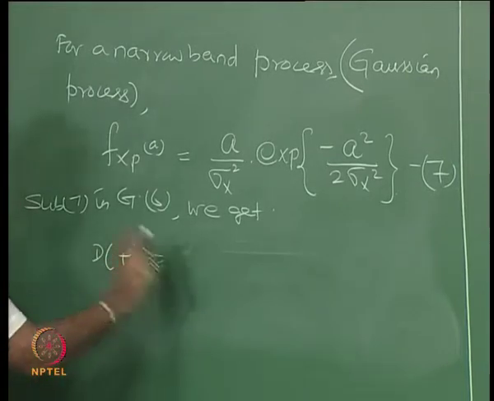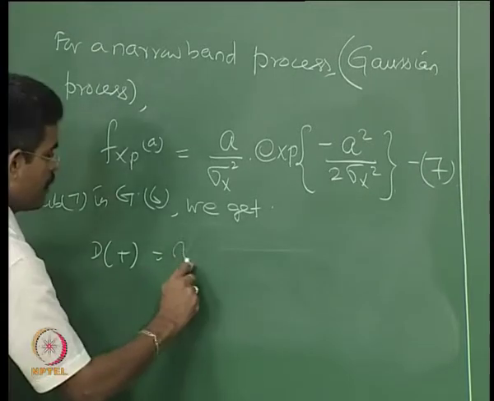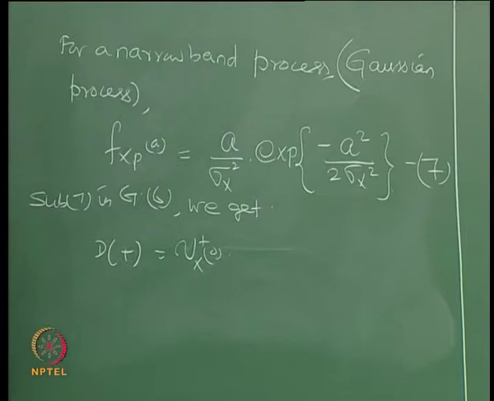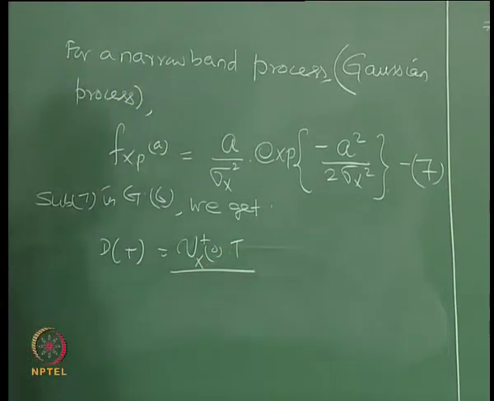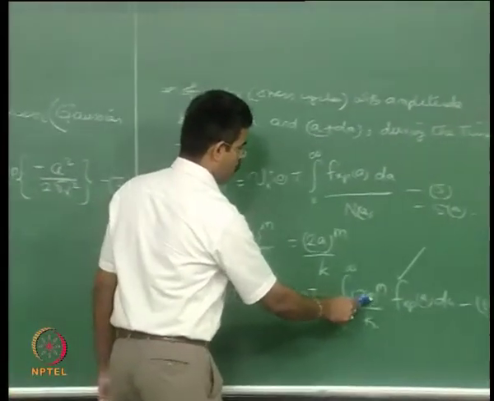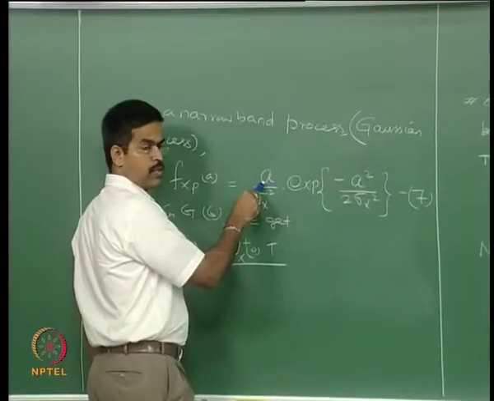D of t, v_x plus 0 t. I am rewriting this slightly in a different manner. I have 2A raised to the power m here, I have A also here.